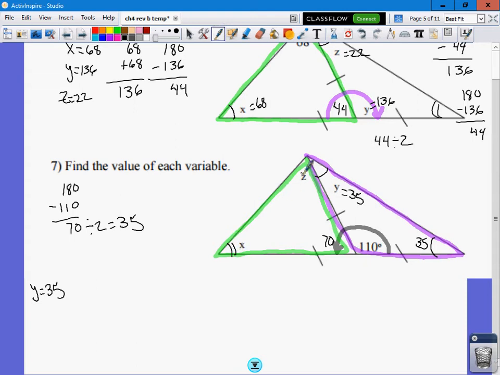So I know that the two base angles of an isosceles triangle are going to be the same. Whatever x is equal to, z is equal to the same thing. Out of 180 degrees, I've only used 70 of it so far. There's 110 left, but I have to divide that equally between the two angles. So x and z are both equal to 55.